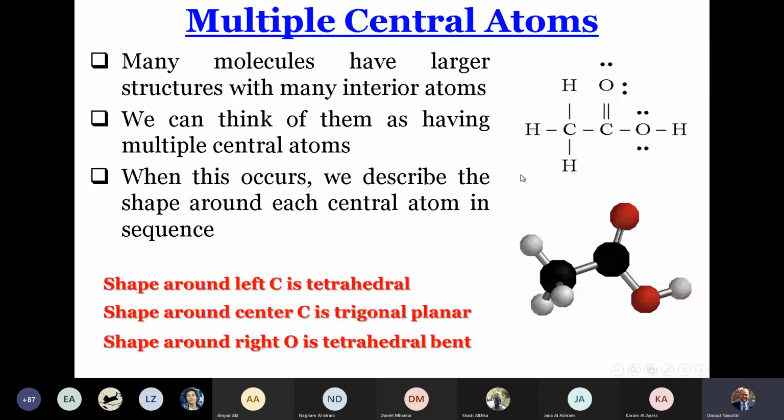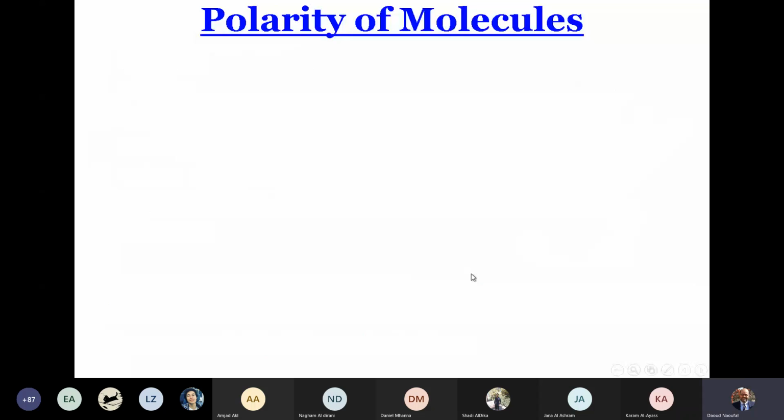So as we divided this exercise into 3 different structures, we pass to an important characteristic of a molecule, which is the polarity. What is the meaning of polarity of a molecule?